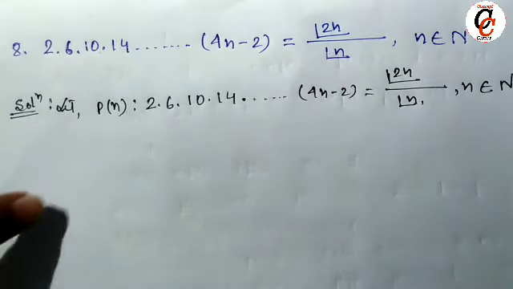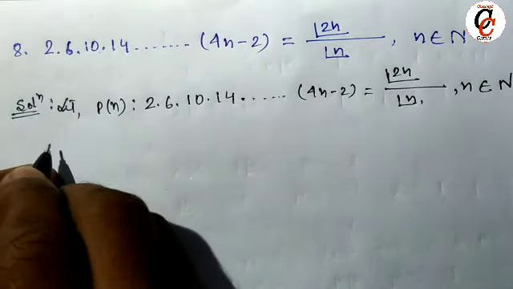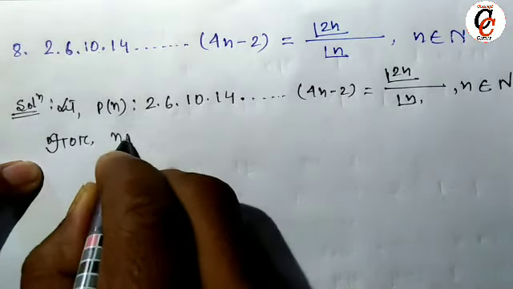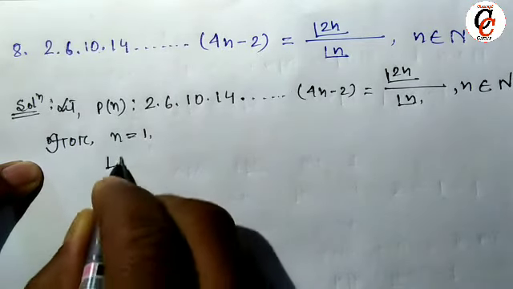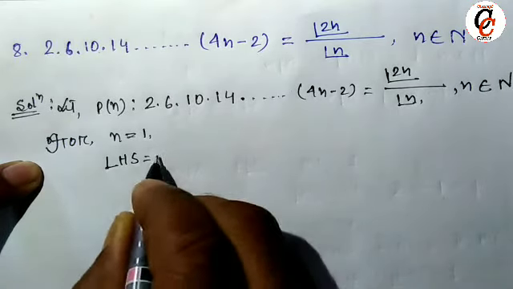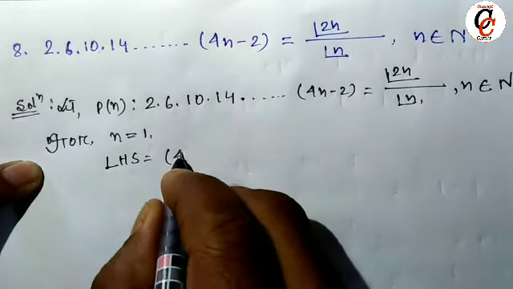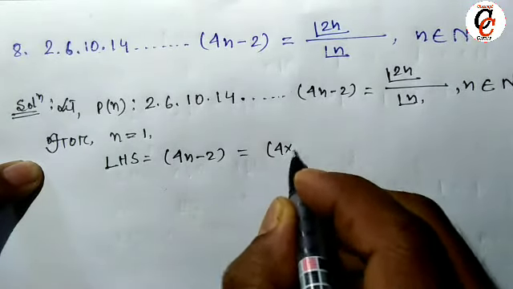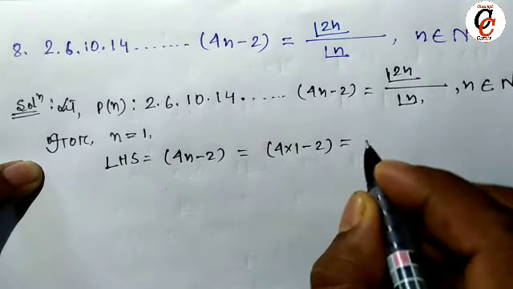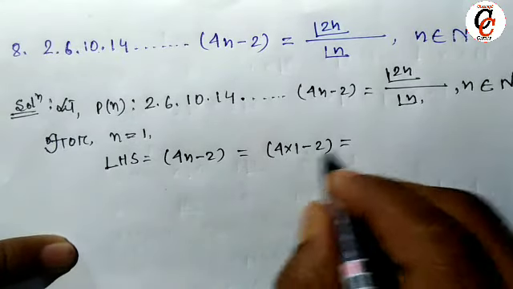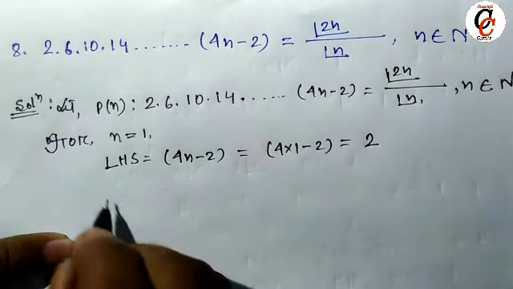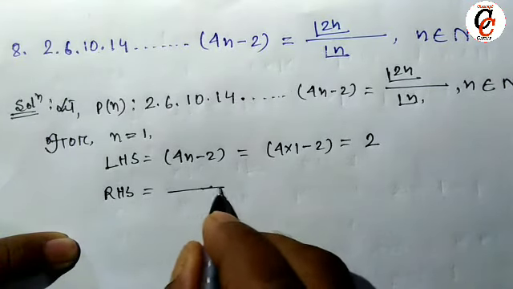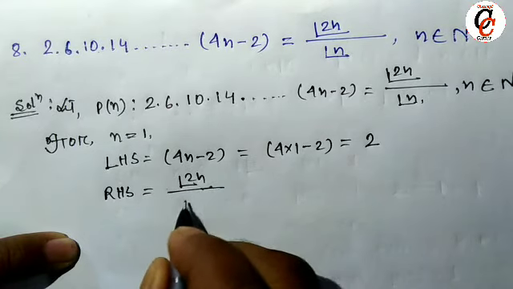So first of all we will take proof for n equal to 1. For n equal to 1, left hand side: 4n minus 2, 4 into 1 minus 2, we get 2. Right hand side, first step is very easy: factorial twice n by factorial n.